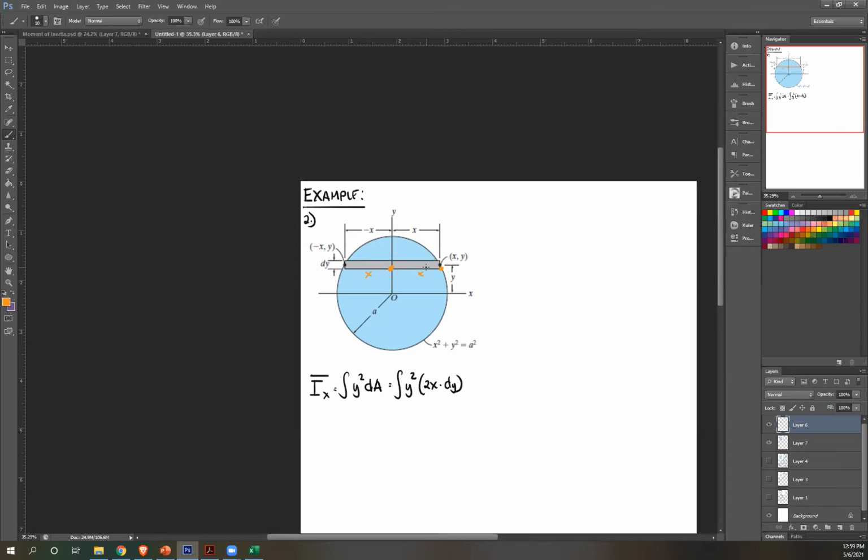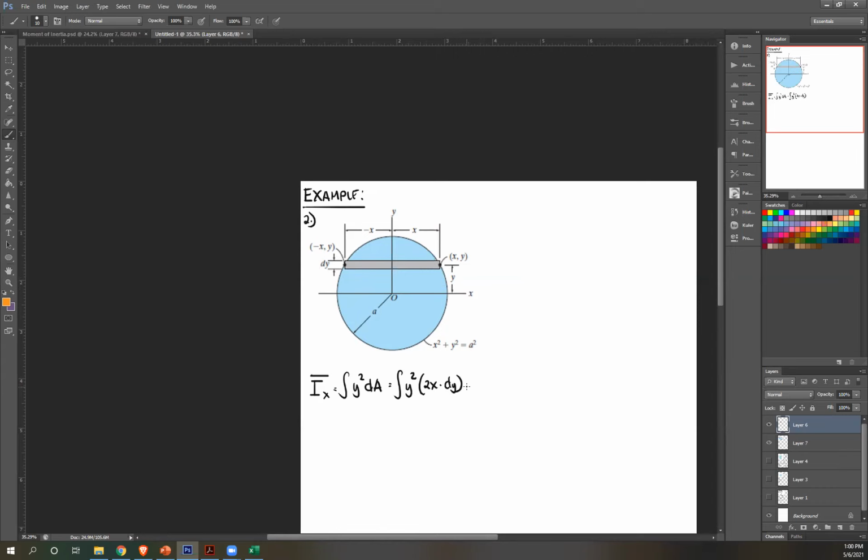So x and x, that's 2x. And wherever you are in your circle, this length is still x, and this is still x. And x is the x coordinate of your circle. So that's why it's 2x for the total base of your rectangle. And then height, since we're taking a horizontal strip, that's your dy, differential height y.